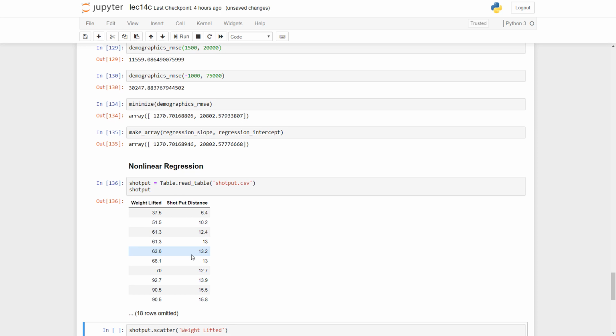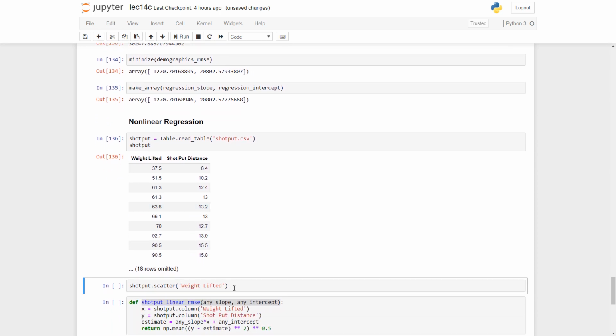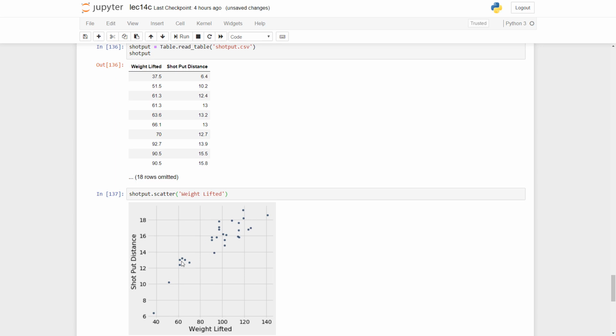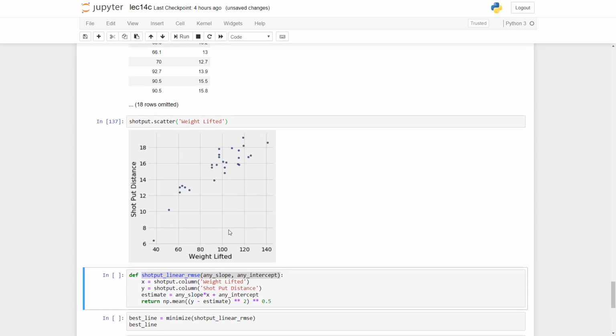So let's plot the relationship between these two variables. We will see that it is also kind of linear here, but the initial value is maybe not fitting a line. So let's first fit a line.